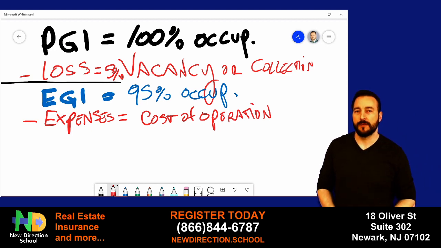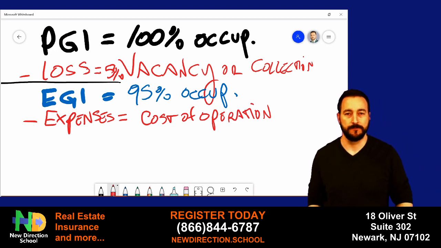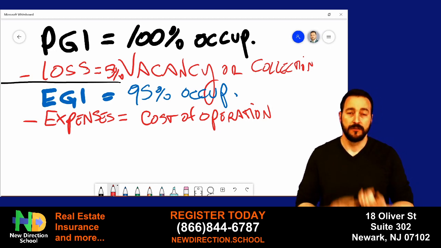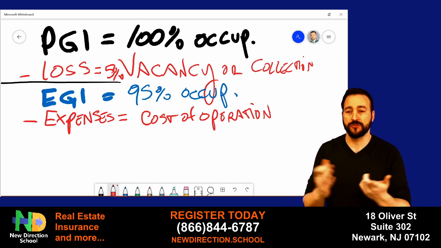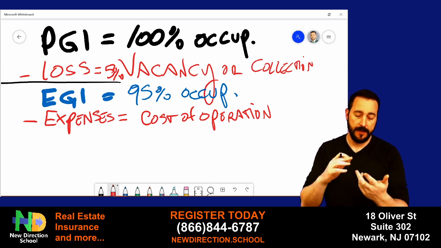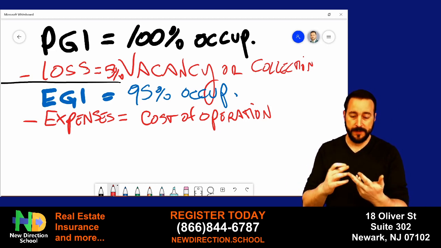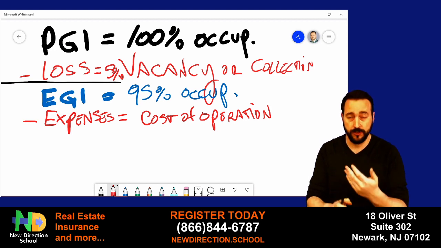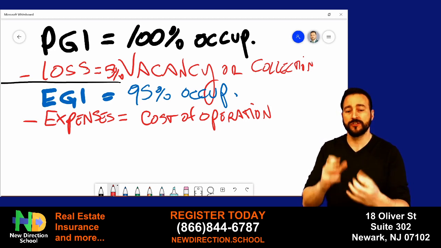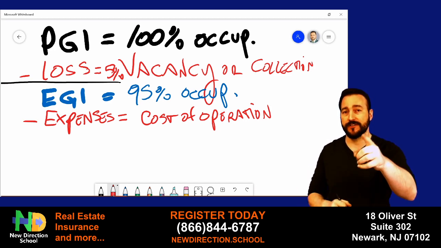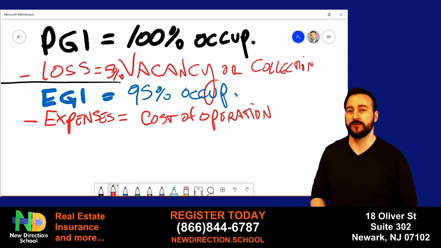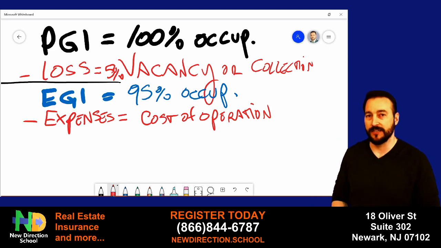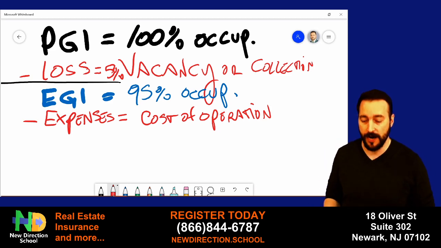The cost of operation, the cost to keep the lights on, which is utilities, employees, if you have them, like a property manager or superintendent, your regular expenses, taxes, insurance, all that goes into your expenses, even if you, the homeowner or property owner, manage it yourself. So we have to include a salary for somebody to manage the property, okay?